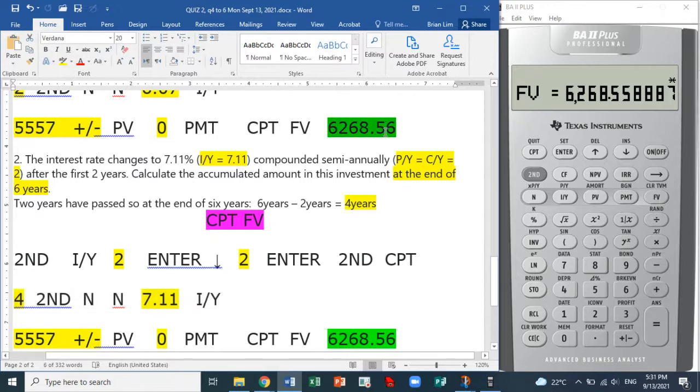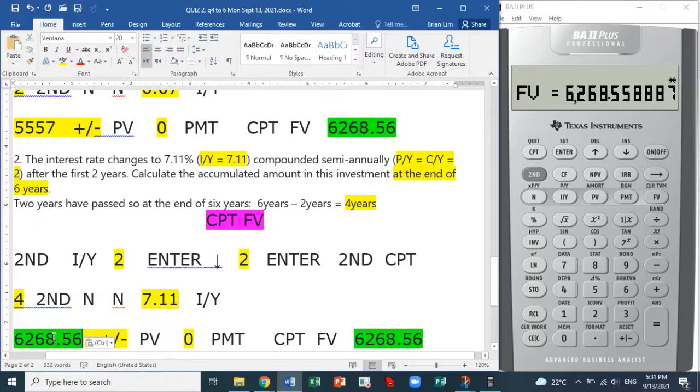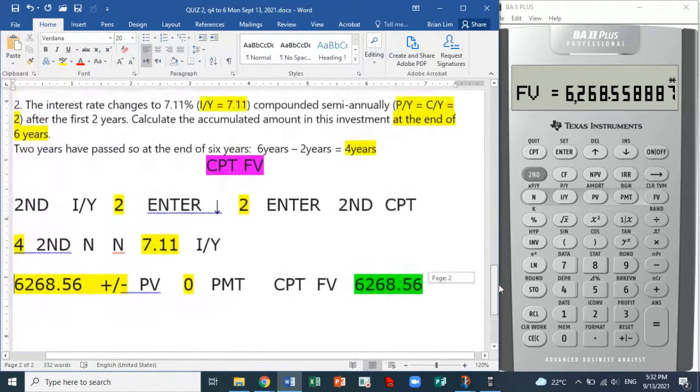You see this number right here will now become the present value down here. So this will change, and this will take its place. All right, so maybe we can make everything yellow, so we are consistent.